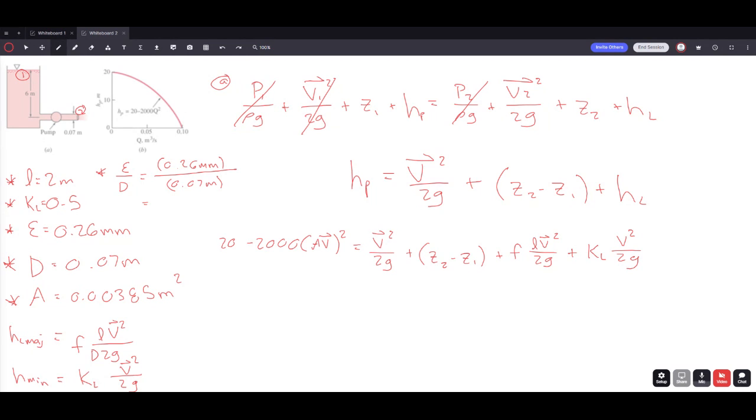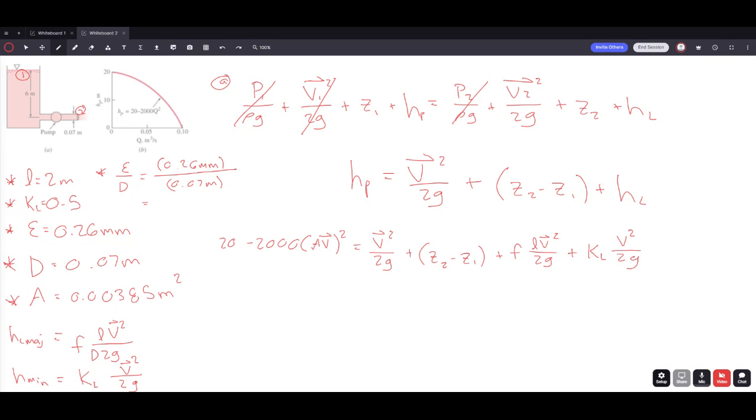Oh, this gives us a value of 0.003714. Then you go to the Moody diagram, you go up to a little under 0.004, and go straight across.